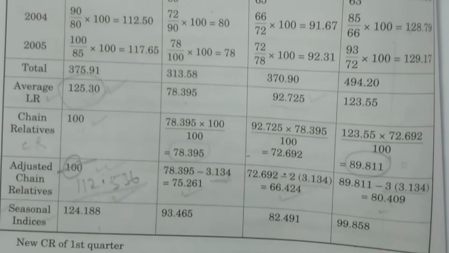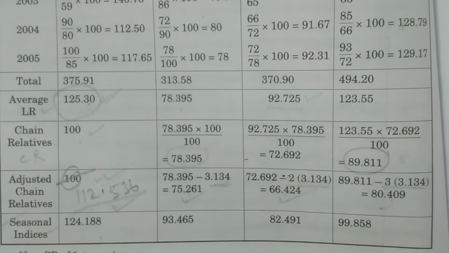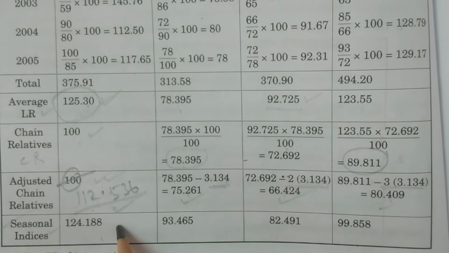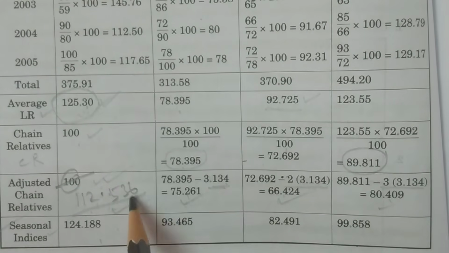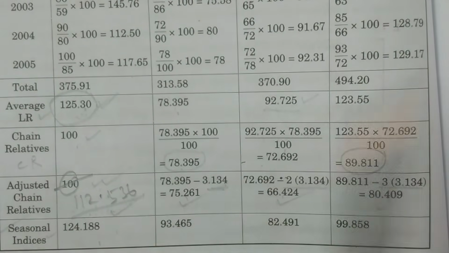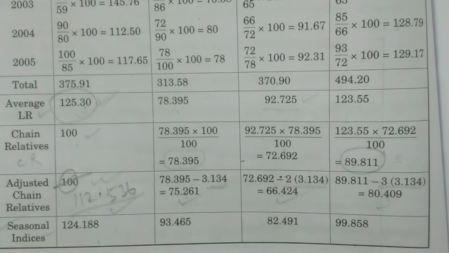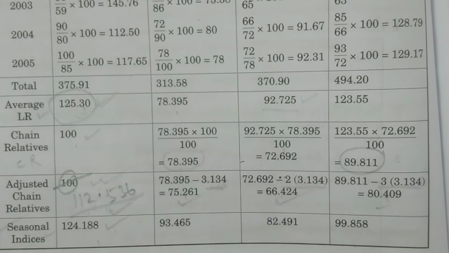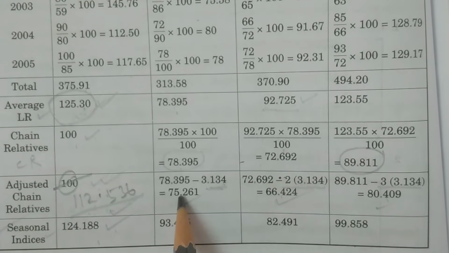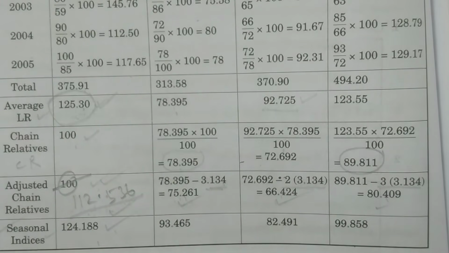For the first quarter, the last column is calculated from the adjusted CR, 112.536, divided by the average 80.523, multiplied by 100, and you will get this. Similarly, the adjusted CR of the second quarter, 75.261, divided by the average 80.523, into 100.